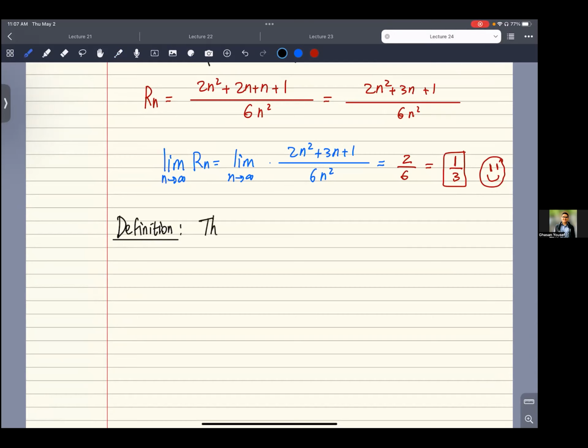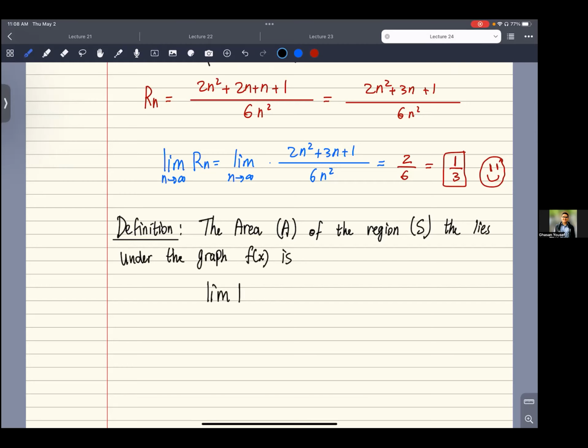The area, call it A, of the region, call it S, that lies under the graph f of x is the limit of Rn when n goes to infinity.